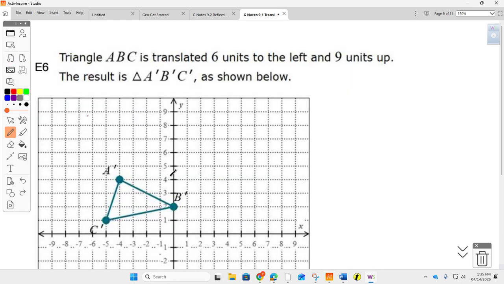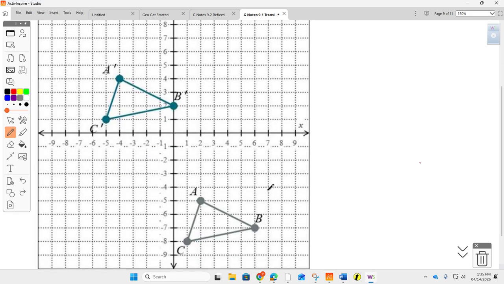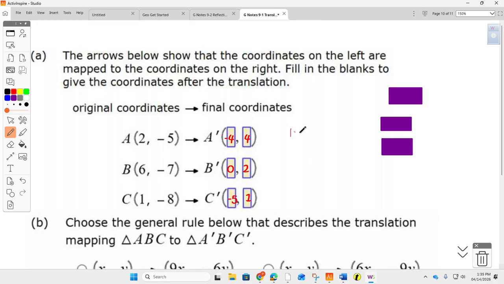You go from here to get even with A prime, 2, 3, 4, 5, 6. Left 6, does that make sense? So left 6. And remember, you could do negative 4 minus 2, which is negative 6, right? So you can use that subtraction, or you can just count on these.